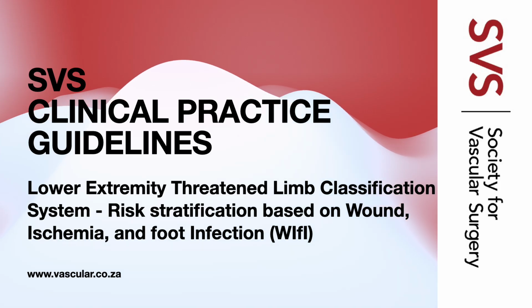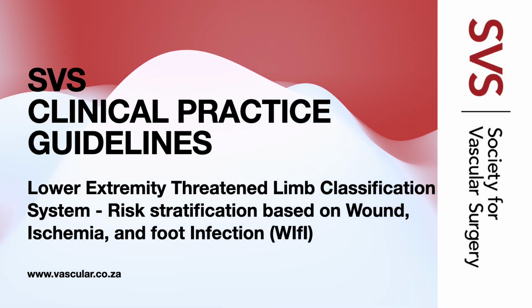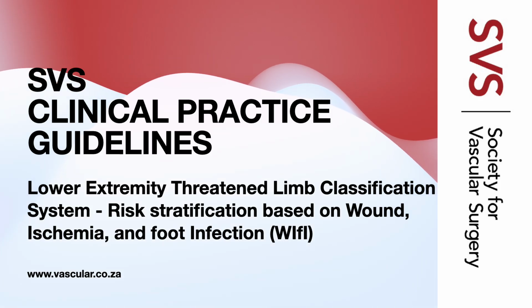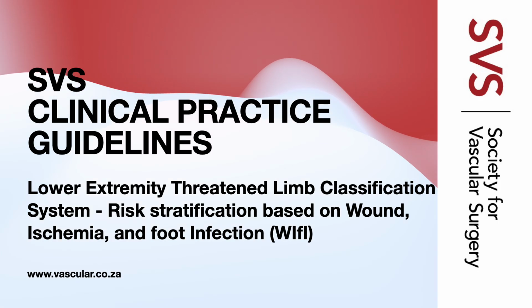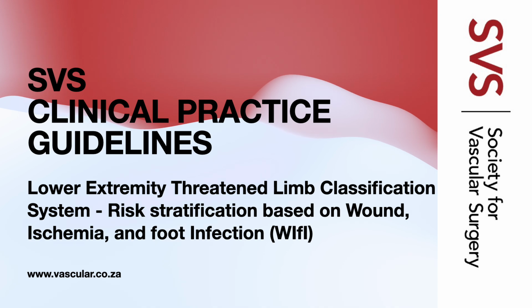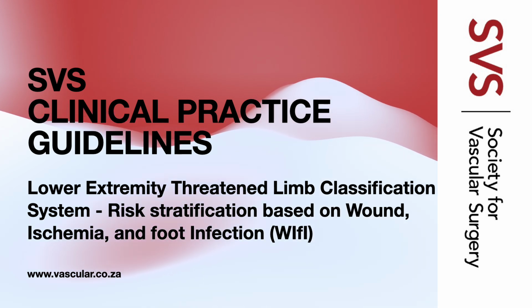Grade 2, moderate. This involves more extensive local infection. Erythema greater than 2 centimeters, or involvement of structures deeper than skin and subcutaneous tissues. Think abscess, osteomyelitis, septic arthritis, or fasciitis. But importantly, still no systemic inflammatory response signs. Grade 3, severe. This is the critical alarm bell.